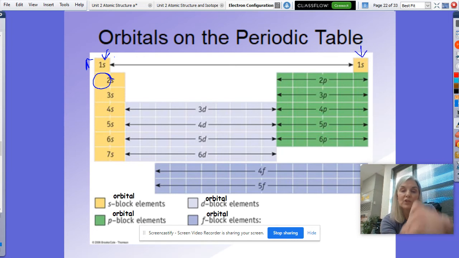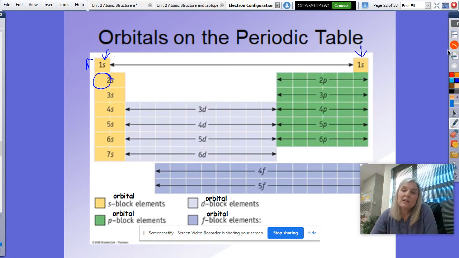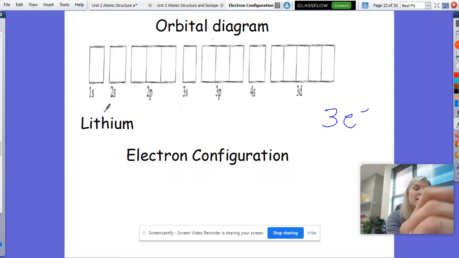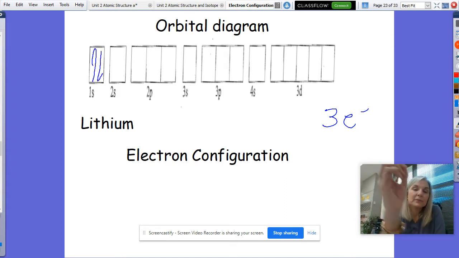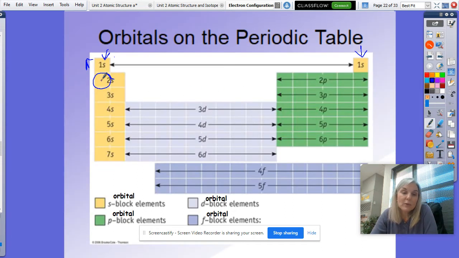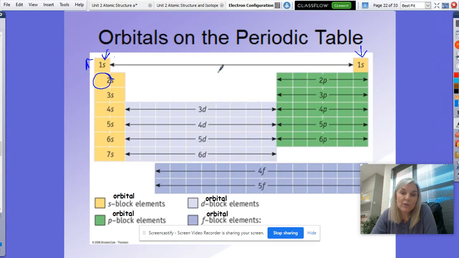And notice that's your S orbital. So that means, here's your 1s, we need an up arrow and a down arrow. So that's 2 of our 3 electrons. And then we are here now. So we've come to the end of the sentence. So we got to go back to the left.